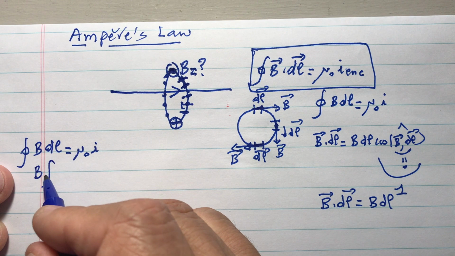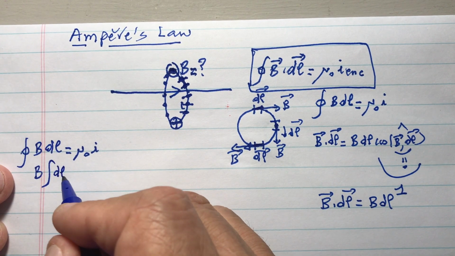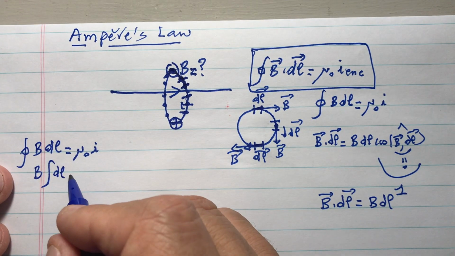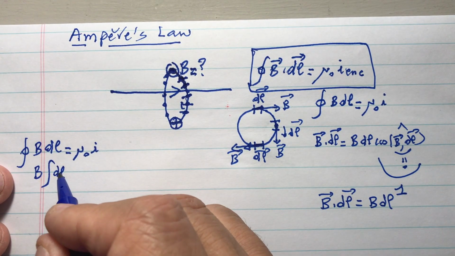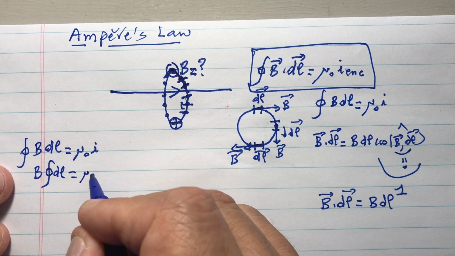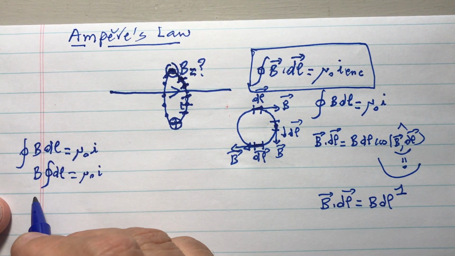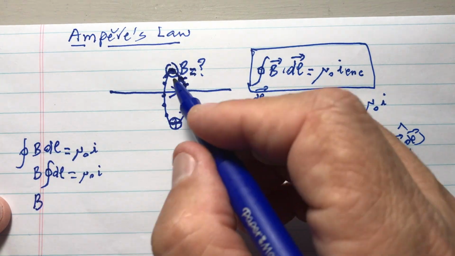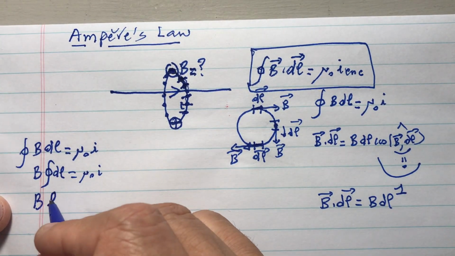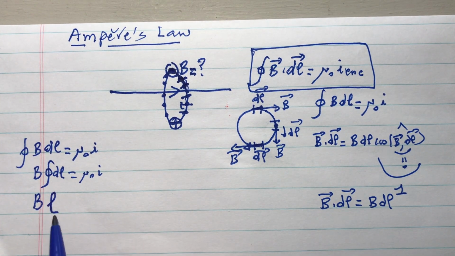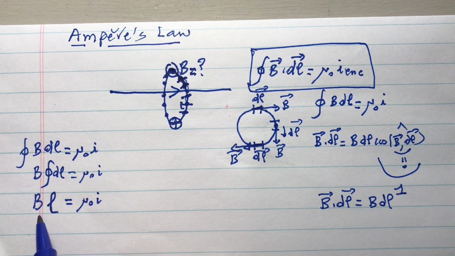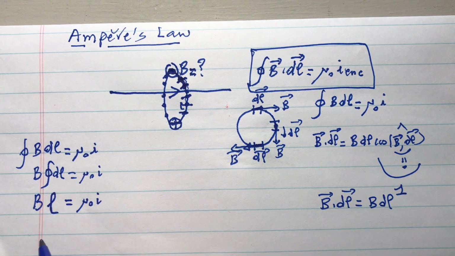Then you integrate dl, summing these dl's all around, and you get mu 0 times I. When I sum all these dl's, I just get the circumference L, so B times L equals mu 0 I.